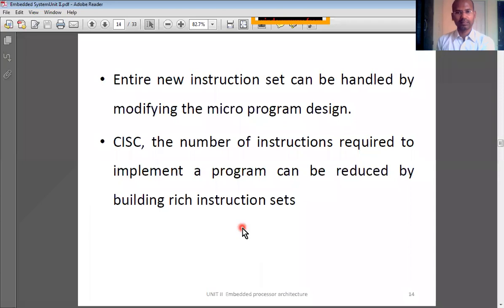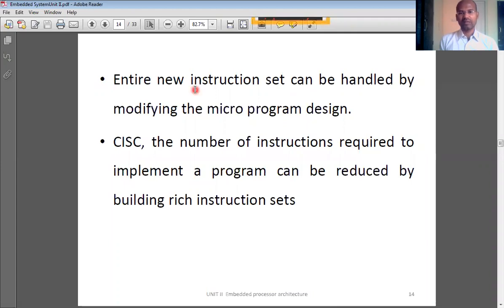Next, an entire new instruction set can be handled by modifying the microprogram design. If you implement micro instructions by storing them in the memory, you can very easily change such microprograms.